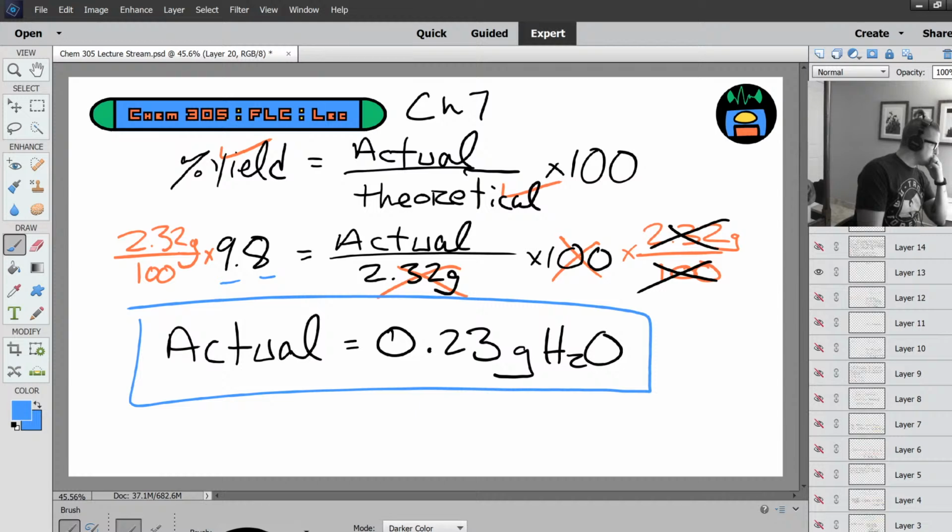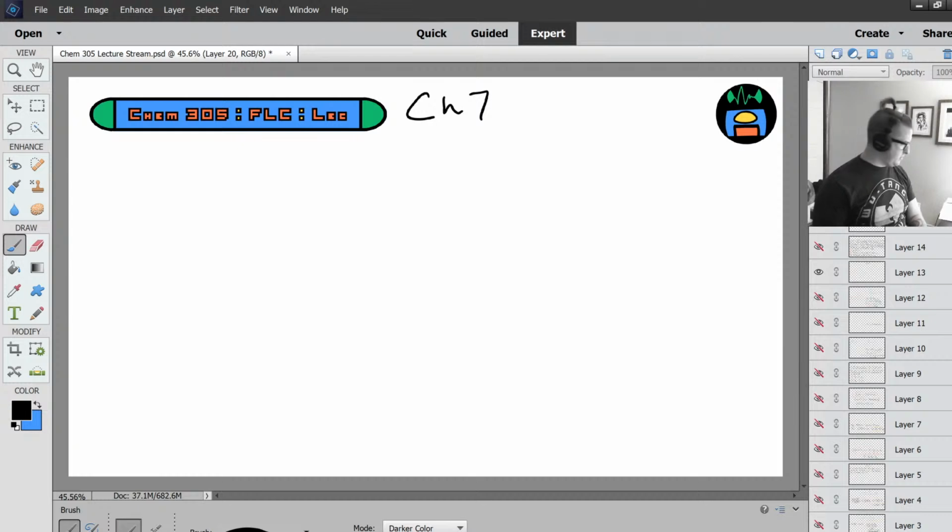Okay, let's do another gas law problem. This one was good because it combined a couple different elements that we'd seen and worked with.